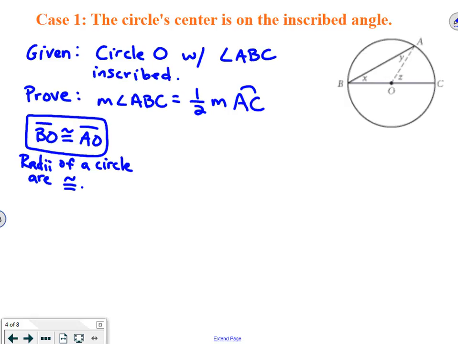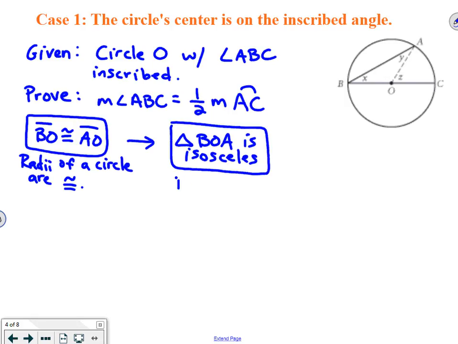Since BO is congruent to AO, we know that triangle BOA is isosceles, by the definition of isosceles triangle.